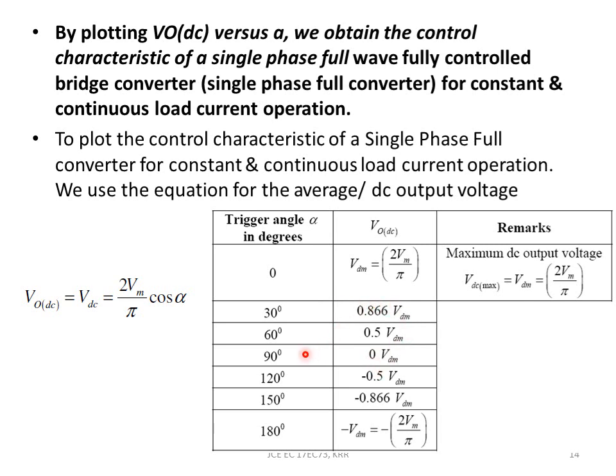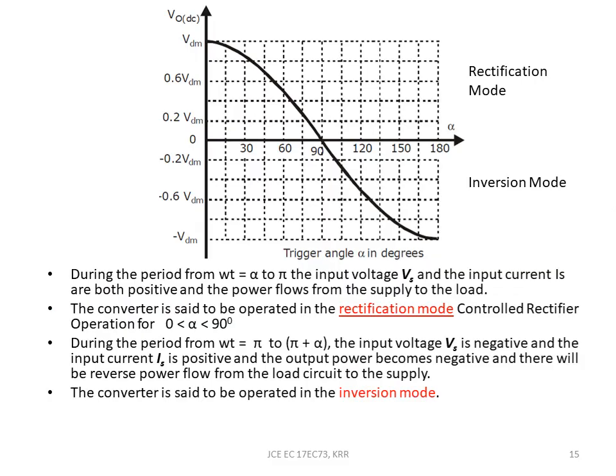So what we see is from 0 to 90 degrees I am getting positive voltage values, and as I go beyond 90 degrees to 180 degrees I start getting negative output voltages. So the output voltage, as we see here, can be positive as well as negative, right? And at the center value, if the firing angle is 90, it is going to be 0. So this is the graph that is represented with respect to that table.